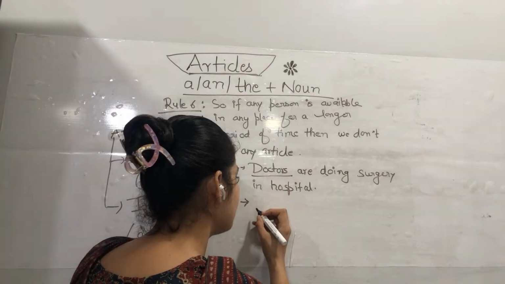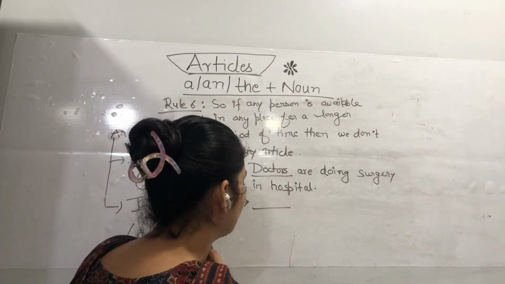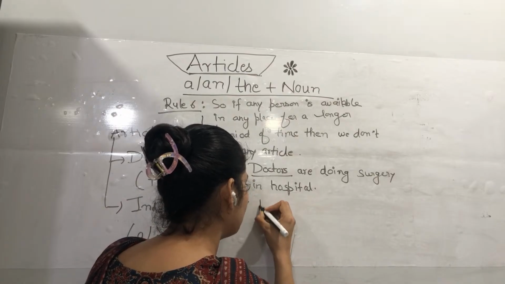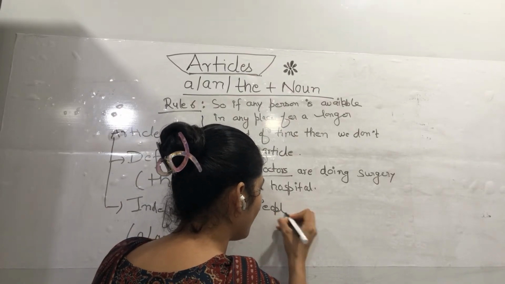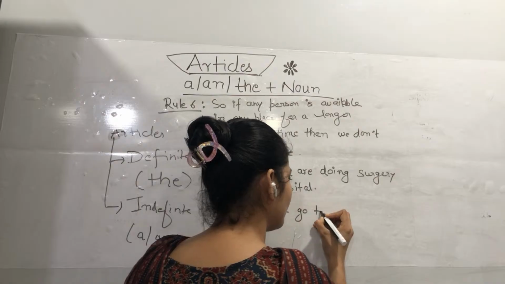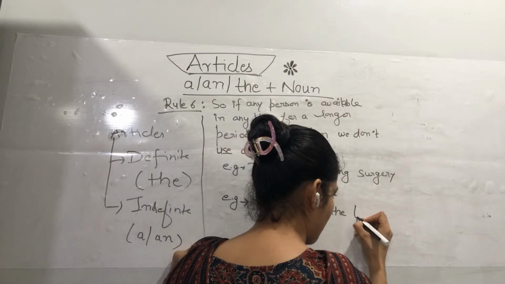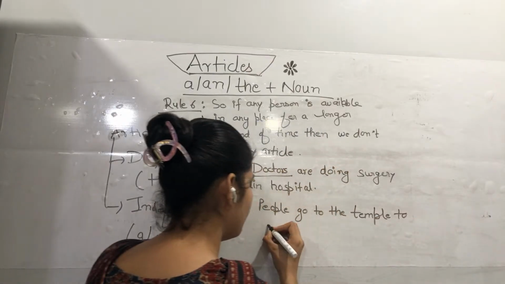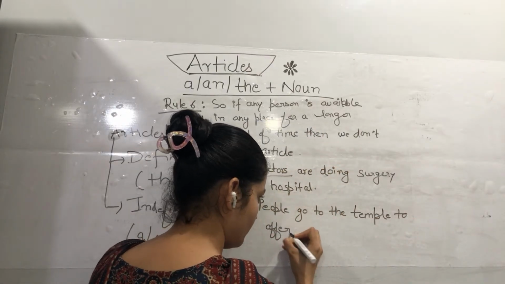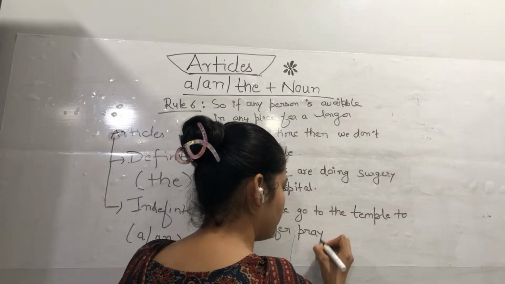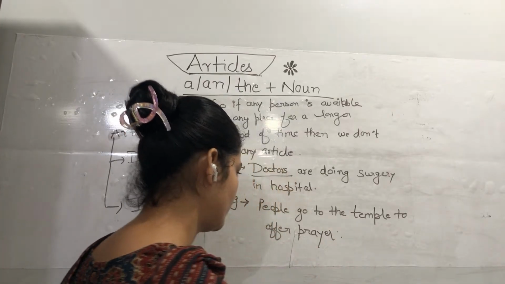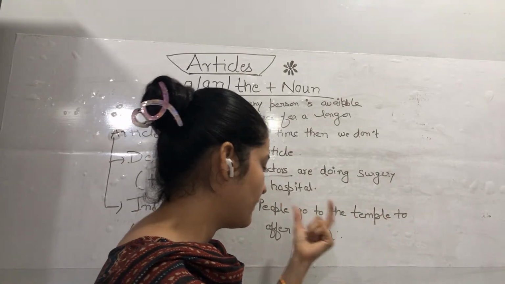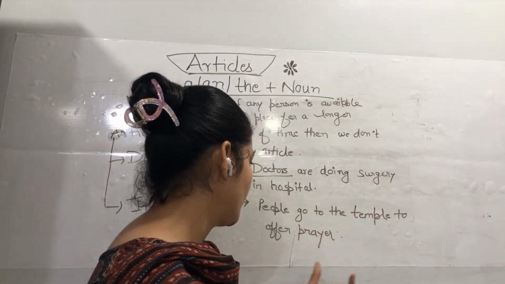So next one is, okay, same example I'm giving, that people go to the temple to offer prayers, okay? Now, for priest, I used only temple. I haven't used the. Why?